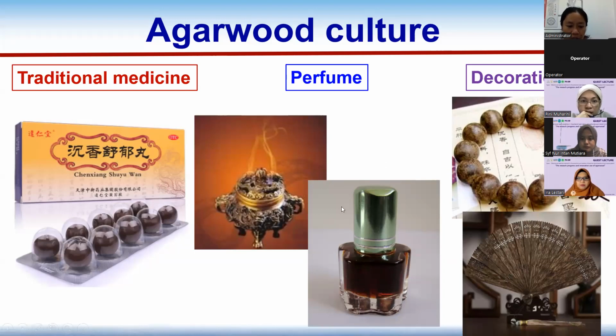And due to its pleasant aroma, it has also been used in religions and ceremonies for centuries. Recently, it has become a very popular resource for perfume. It is also used to produce bracelets and other ornaments, for example like this. Usually people like to wear it on the arm.